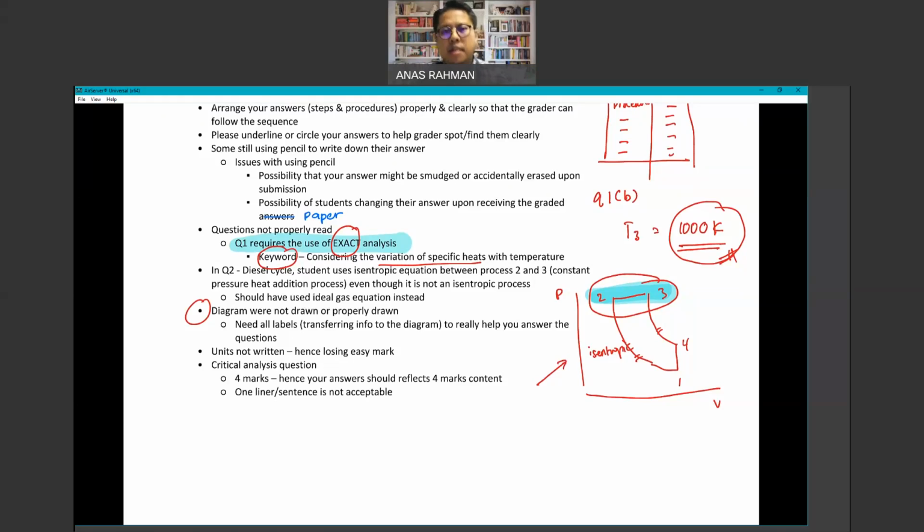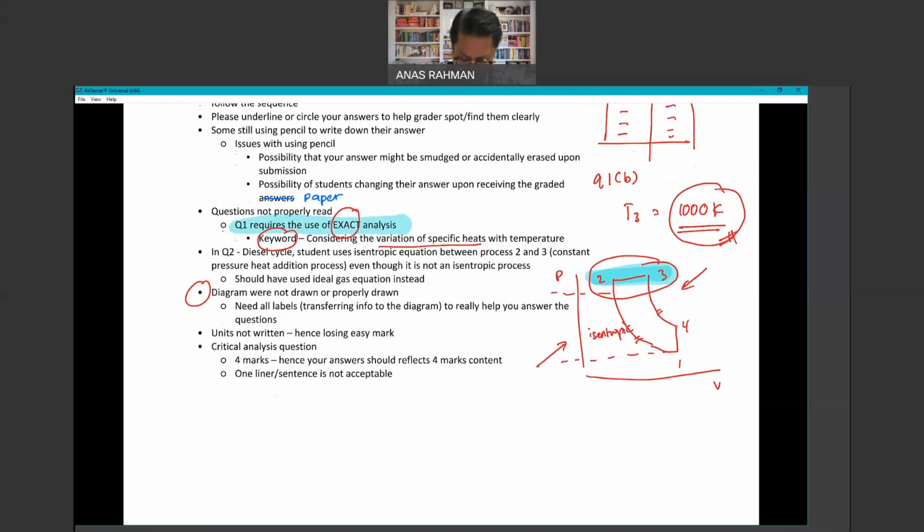The labels are the information extracted from the questions and then put in the diagram properly. That's what I meant by a proper diagram, not just, for example, a diagram like this, for the diesel cycle. No, it needs to be accompanied by relevant information from the given question. So again, I have highlighted over here, you need all the labels, basically transferring the info from the questions to the diagram.